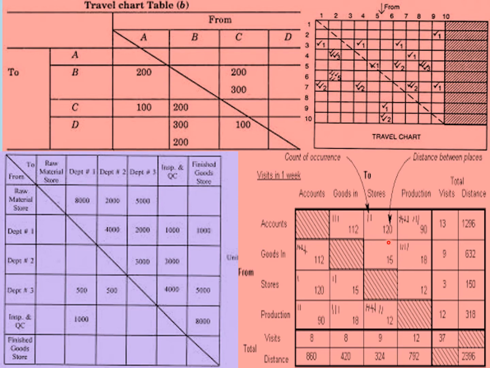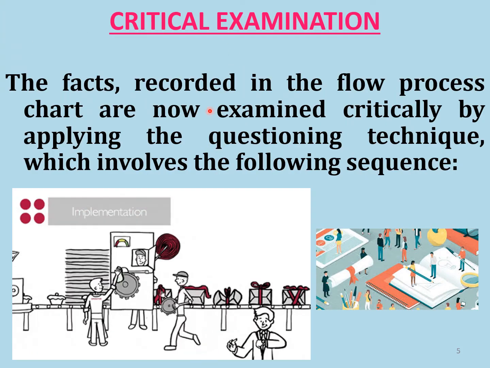That means we have to multiply frequency and distance and find the total distance, and see whether we can propose some other layouts or other methods, or minimize the frequency of traveling from one point to another point, or minimize the distance, so that the overall productivity of the method will enhance.